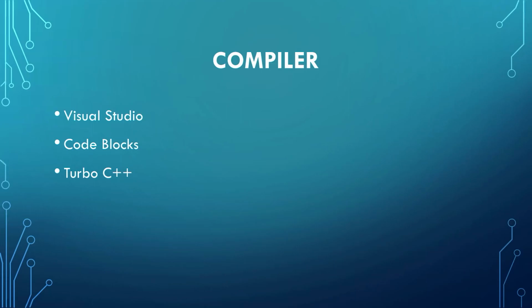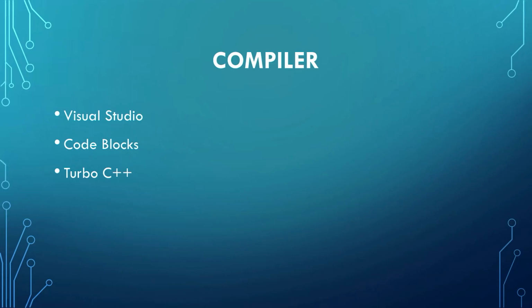So we have variety of compilers available for C++ language. Some of them are listed here. We have Visual Studio, we have CodeBlocks, and obviously we have Turbo C++. These are some most commonly used compilers. Visual Studio and CodeBlocks is most recommended. I will be using Visual Studio in my lectures. There is not a lot difference between all of them.